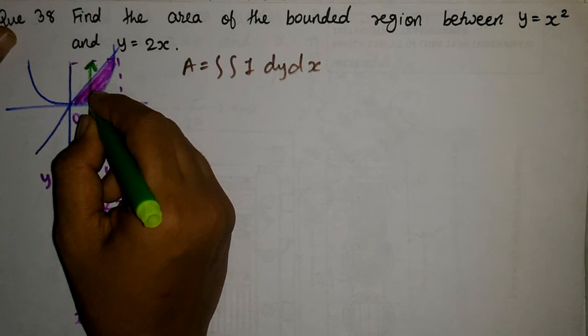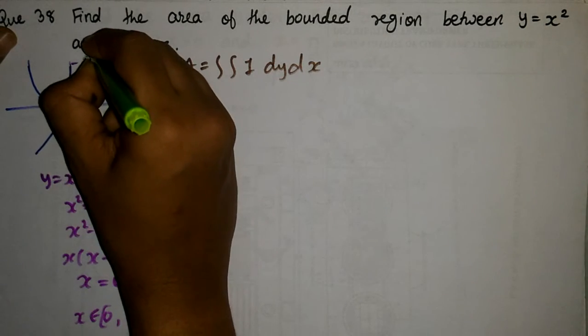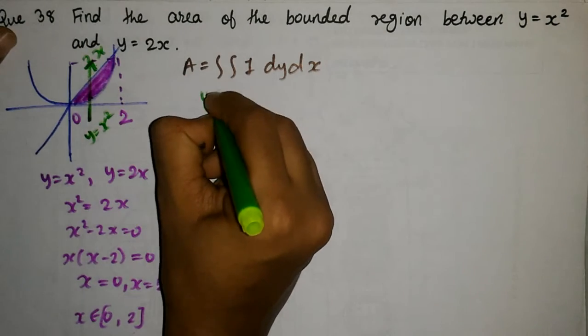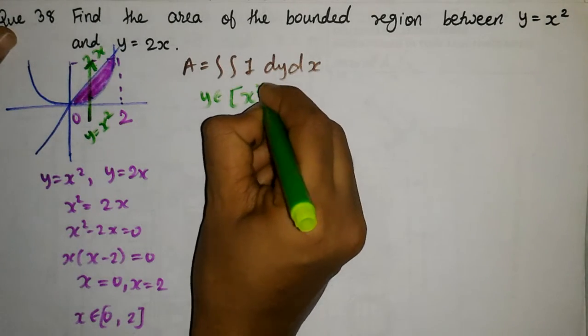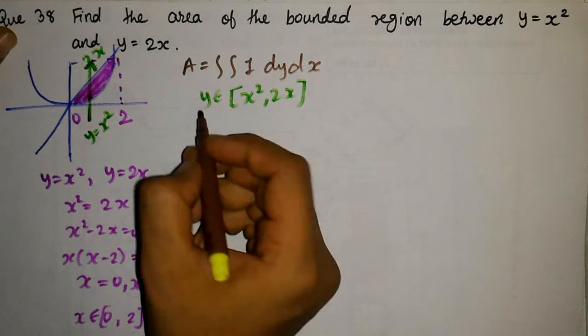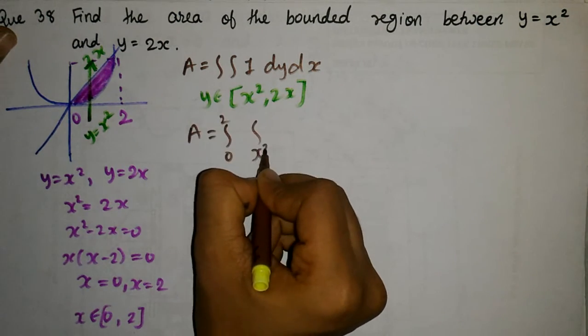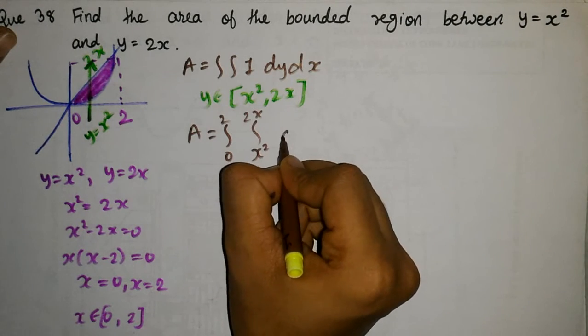So this curve is y is equal to x square. It's leaving from y is equal to 2x. So y belongs to x square to 2x. Now area is equal to x from 0 to 2, y from x square to 2x into dy dx.